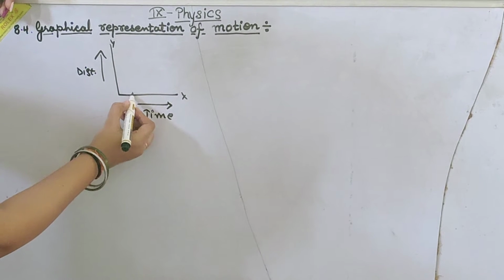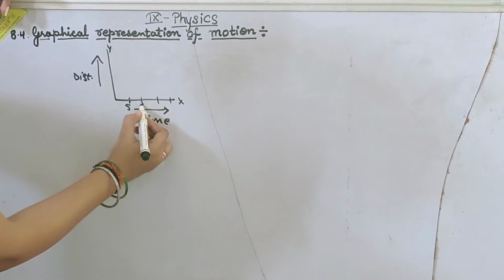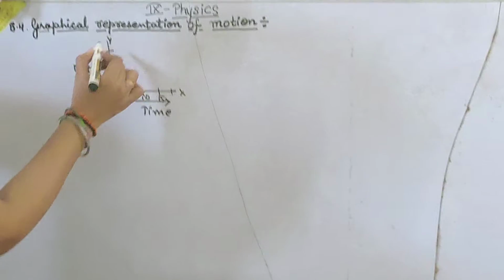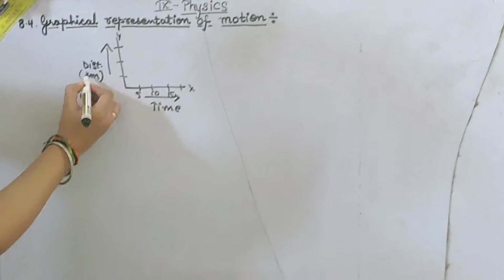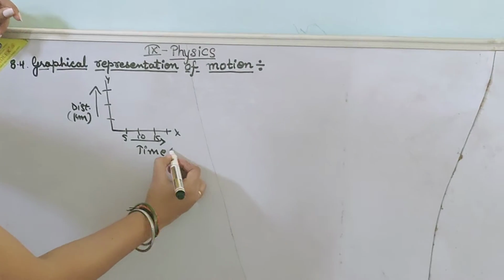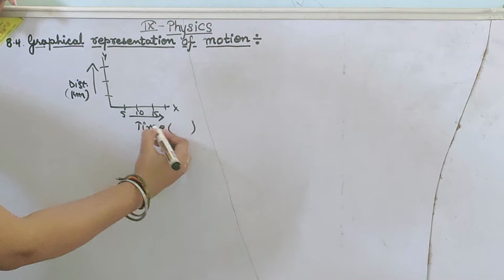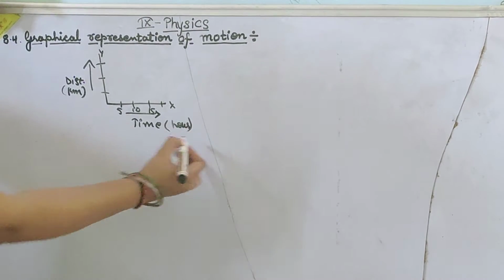Suppose a person starts traveling, and we mark 5 minutes, then 10 minutes, then 15 minutes, and here whatever distance he has covered. The unit should also be mentioned here, like kilometer, and the time unit. Always with the kilometer, the time unit, hours, will go, so hours will be written here.